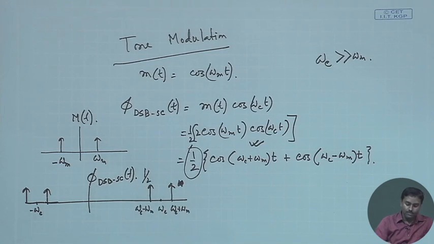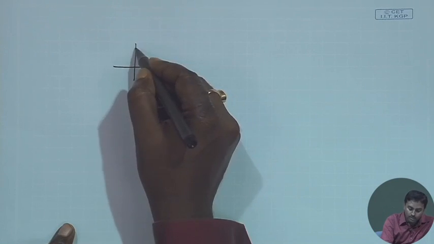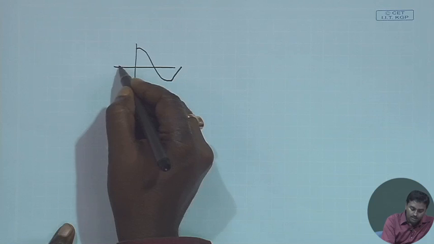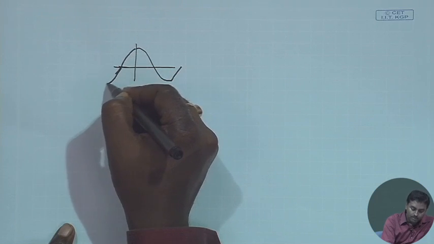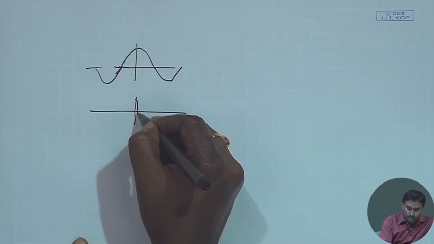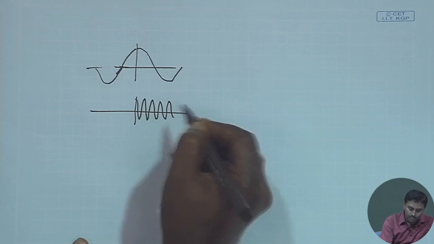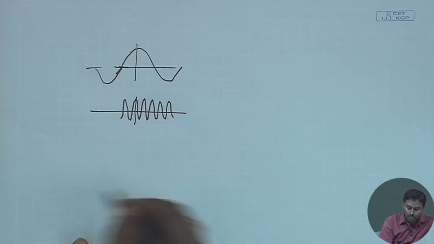So whenever we modulate a tone with a carrier, we just get 2 cosinusoids, and the corresponding time domain representation will be something like this. This is your modulating signal with frequency omega m, and let us say that is the carrier which has a much higher frequency.